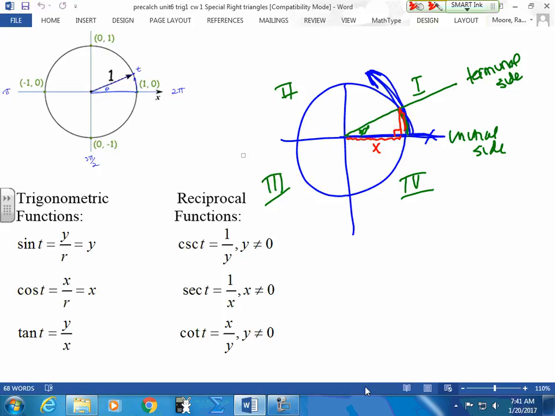Where does it intersect? The Y value. This is my Y. The terminal side of my angle is what part of my right triangle? The hypotenuse. This is also my radius. Isn't it also the radius of your circle?